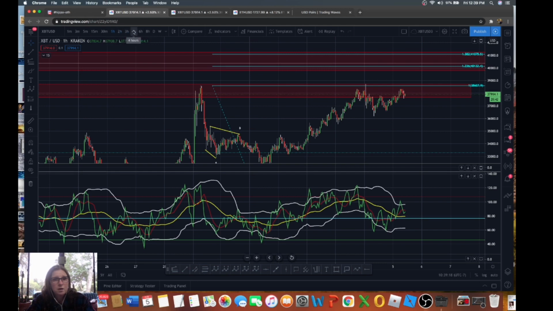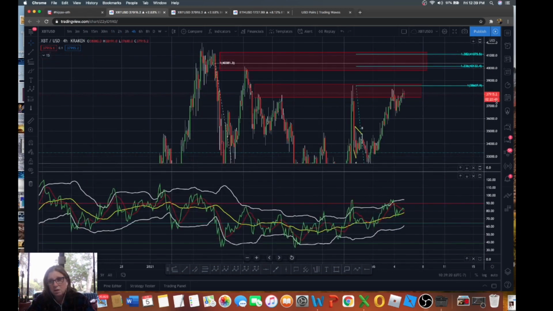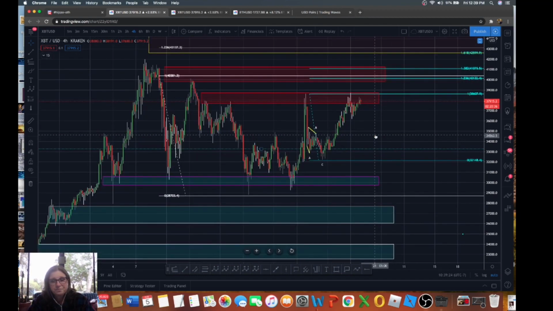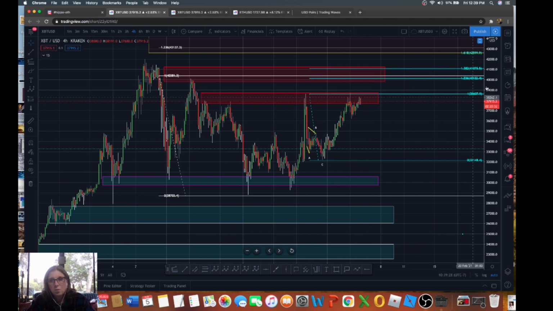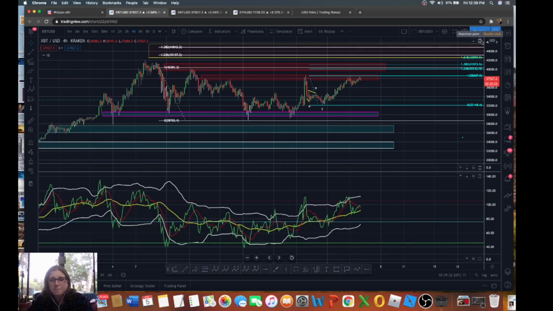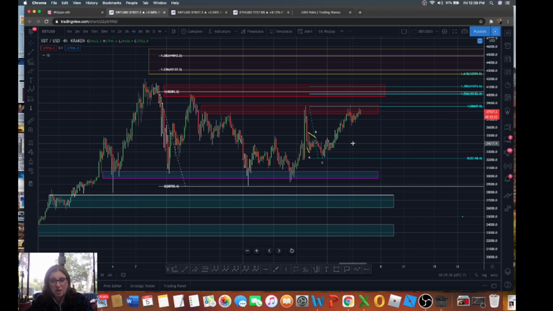So let's move back up to the 4 hour and see what else I can tell you about this correction. Which way am I leaning? Honestly, I am not leaning one way or the other, and I'm not afraid to say that. This could do either scenario.